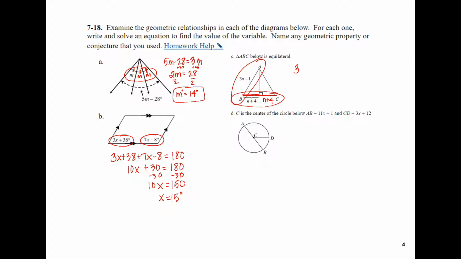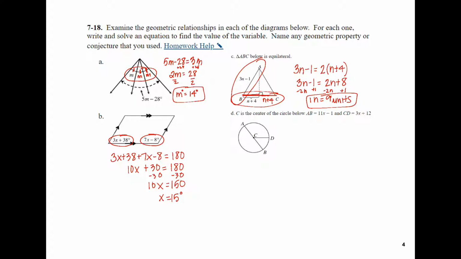So we can say 3n minus 1 is equal to 2 times n plus 4. 3n minus 1 is equal to 2n plus 8. Use your inverse operations, so subtract your 2n, add your 1, we get 1n is equal to 9. So 9 units is what n represents.